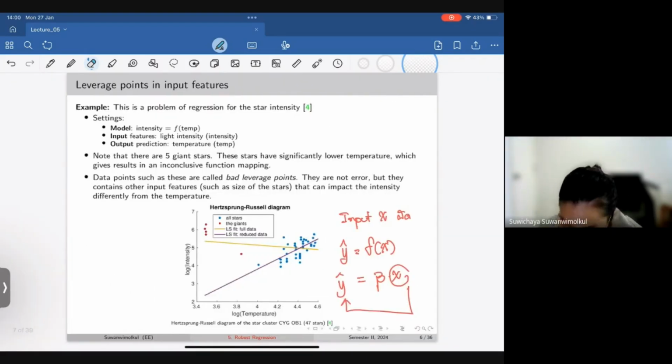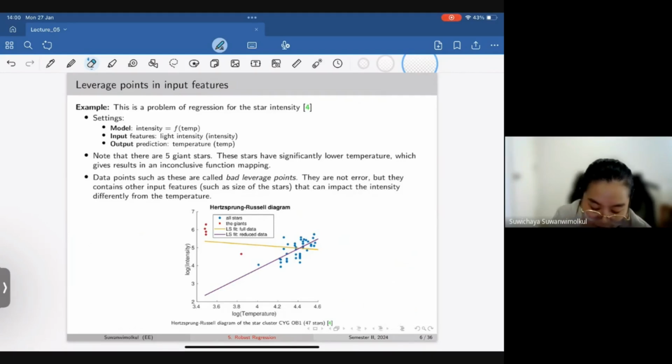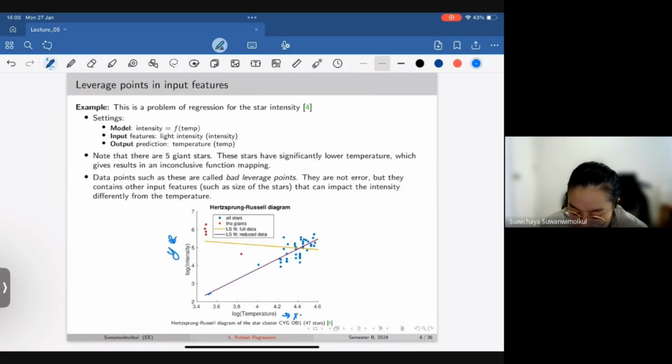This is just another example of inaccurate input features, or the leverage points. As I mentioned before, this is a good example of the fact that in this case, we are considering that the relationship between x and y is supposed to be linear. That is, x is the input here, and y is this one. If it's truly linear, then of course these samples are inaccurate.